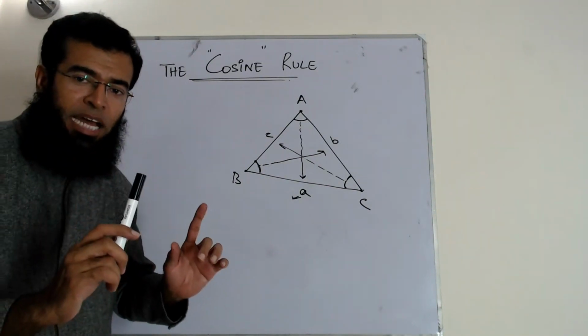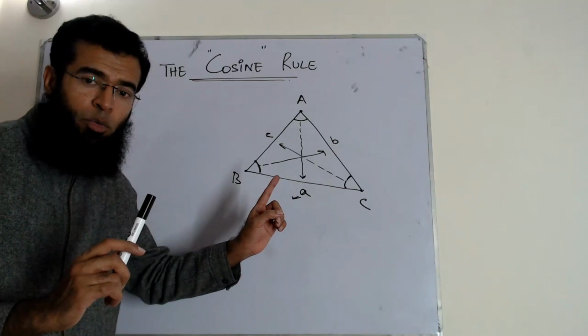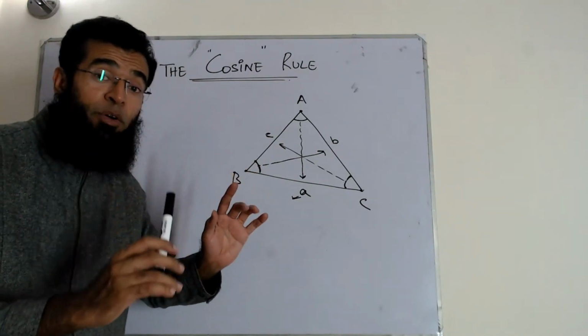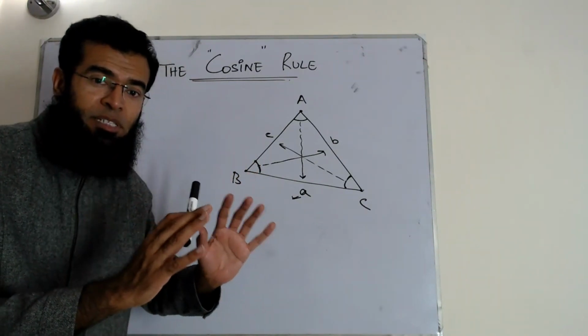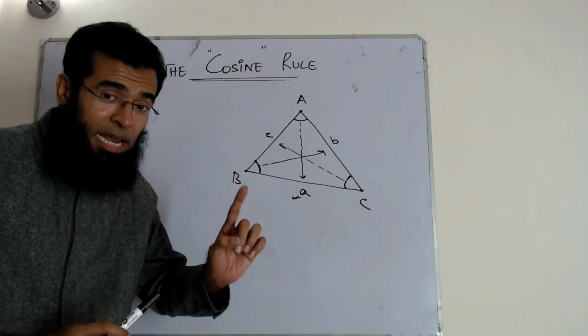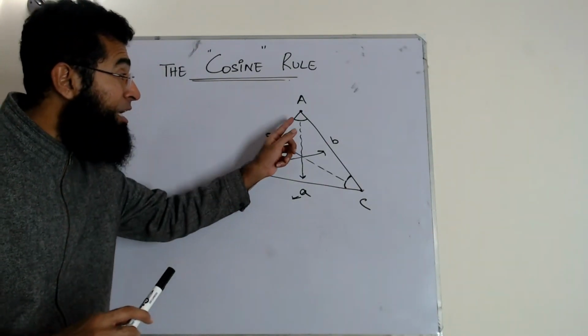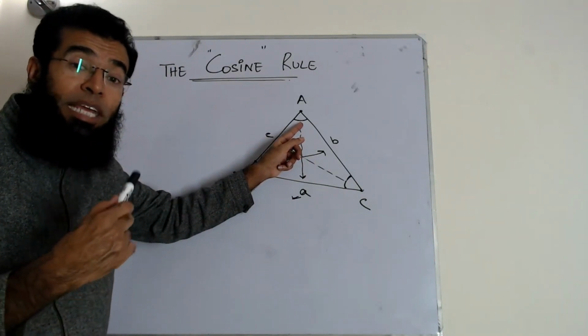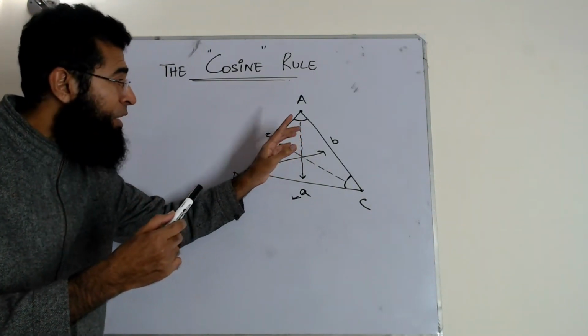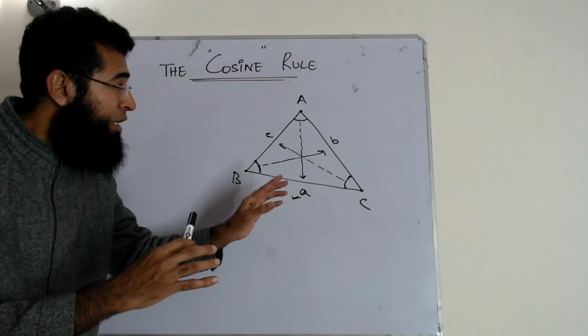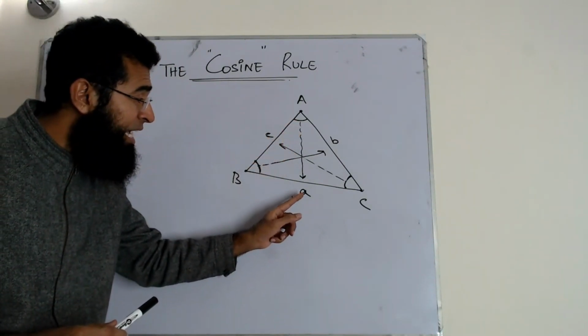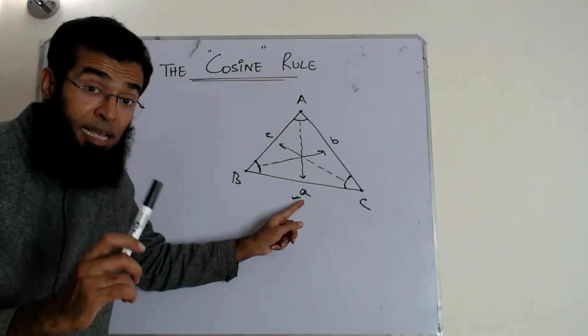But please remember that in a cosine rule, 99% chances are you will be given only one angle, right? So just focus on that. What is the angle given, or you have to calculate the angle, right? So whatever angle is given, you have to take the opposite side as the subject, right?